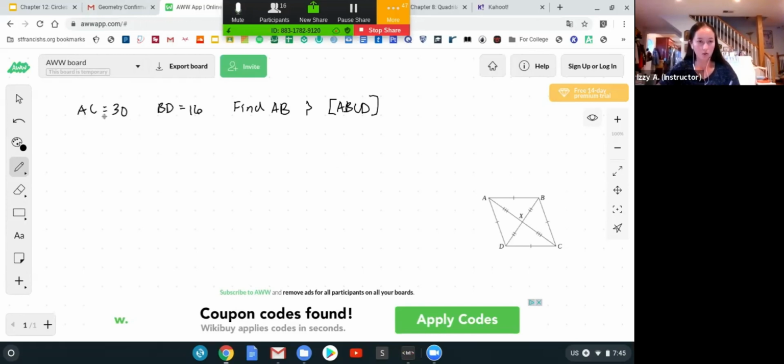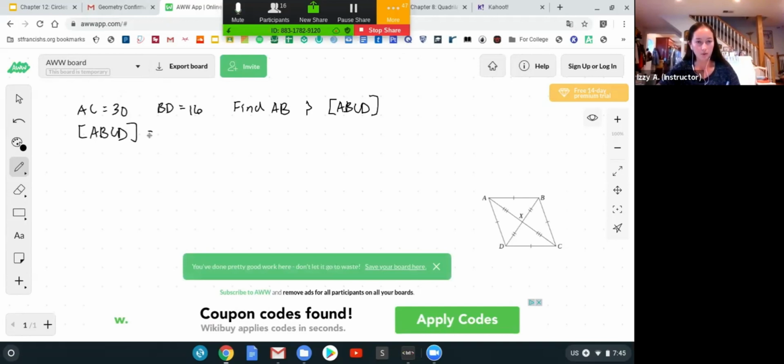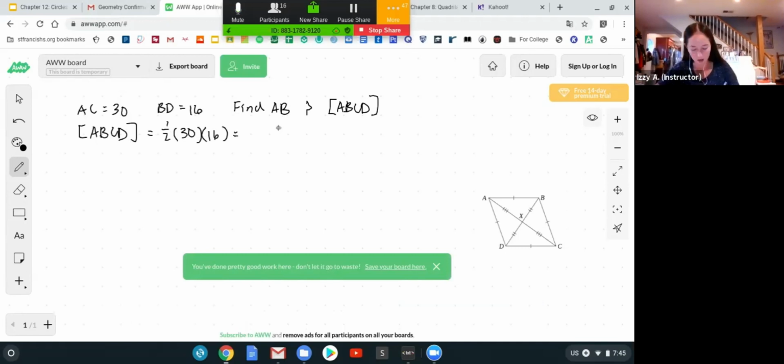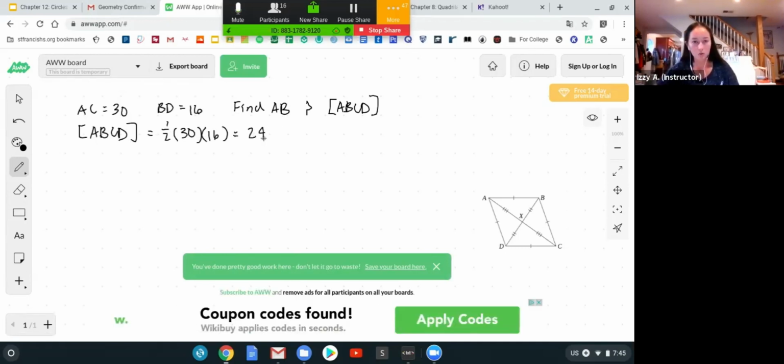So the area of ABCD is going to equal 1/2 times 30 times 16, which is equal to 240.